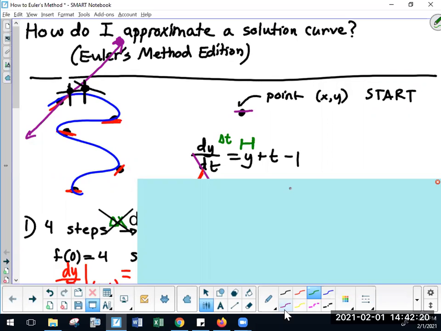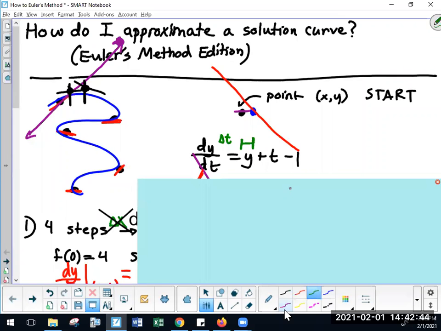So then at the end of the tangent line, I recalculate my point, and I get a new tangent line. So the new tangent line, let's say, goes like this. Okay, we don't want that whole tangent line because using that whole tangent line would be bad.